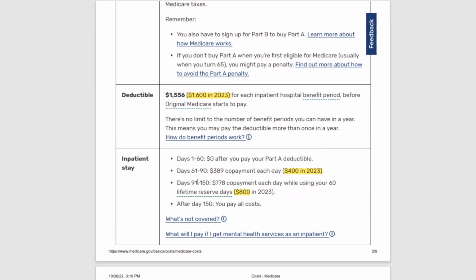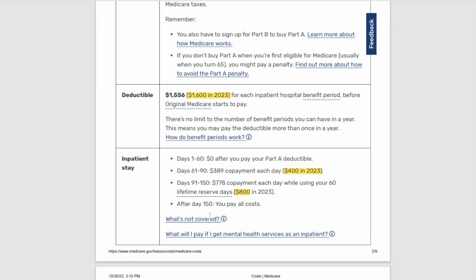Now for days 61 to 90, they are going to pay $400 per day. Day 91 to 150, right? They're going to pay $800 a day. It says right here, days 91 to 150 copayment each day while you're using your 60-day lifetime reserve days.